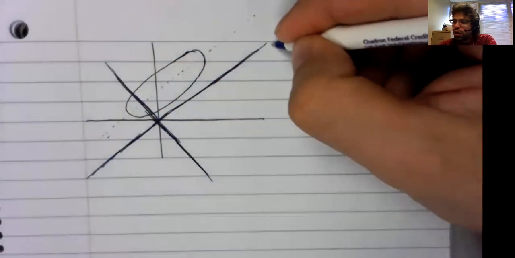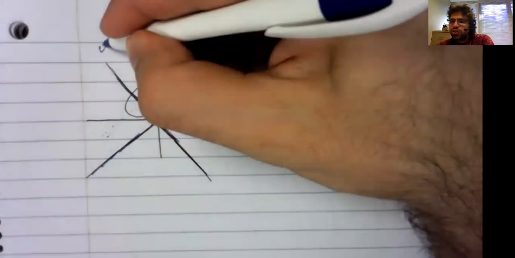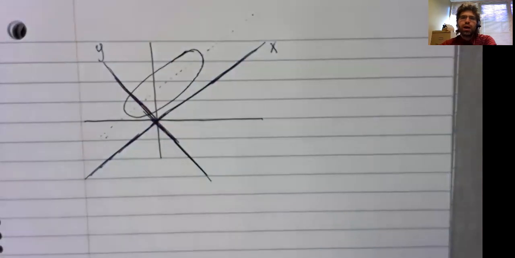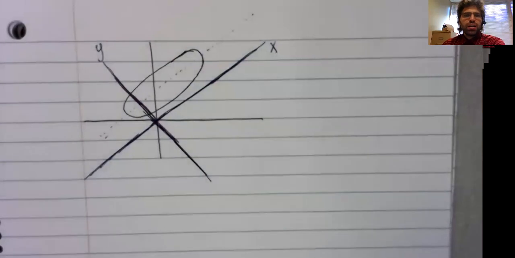If we draw a new x-axis and a new y-axis, then this ellipse is now in standard form.